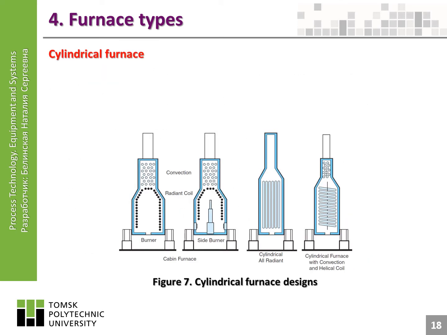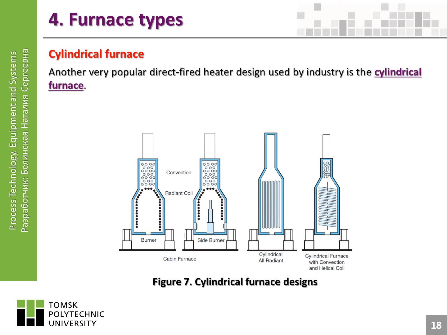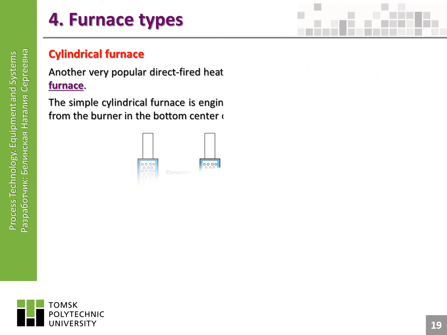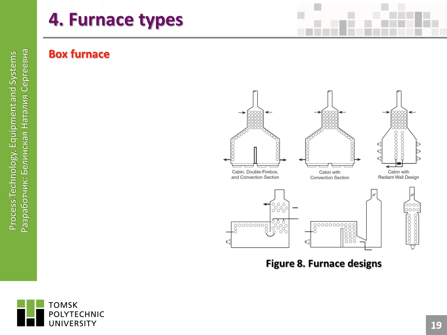Cylindrical furnace. Another very popular direct-fired heater design used by industry is the cylindrical furnace. The simple cylindrical furnace is engineered to utilize the radiant heat that emits from the burner in the bottom center of the furnace. Box furnace.